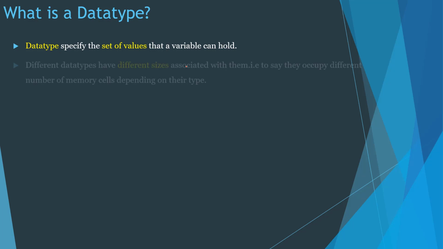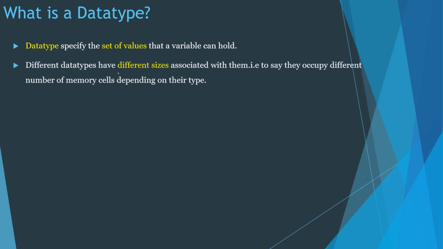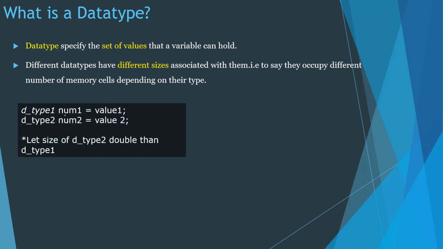Simple. Different data types have different sizes associated with them. In simple words, this means every data type is represented in a different manner in memory. This will be clearer with an example. Consider we have two variables, num1 and num2, whose data types are data type 1 and data type 2 respectively, with values value 1 and value 2.